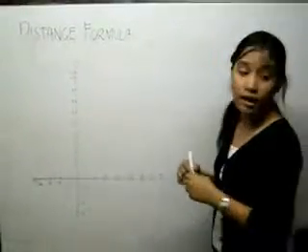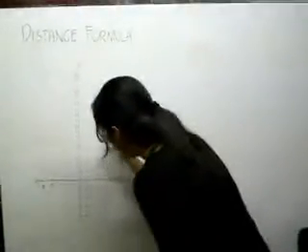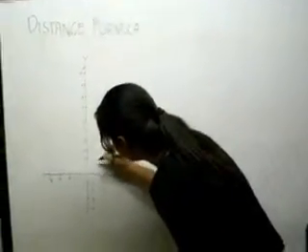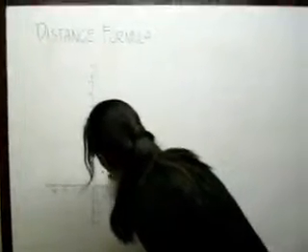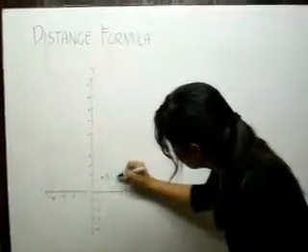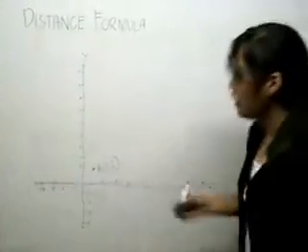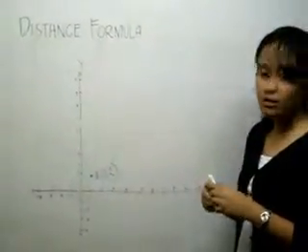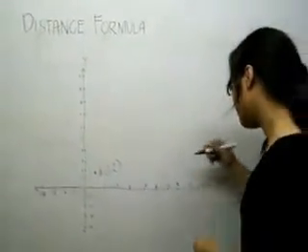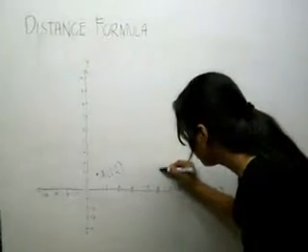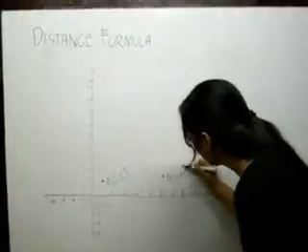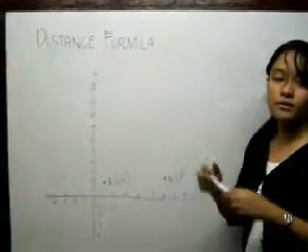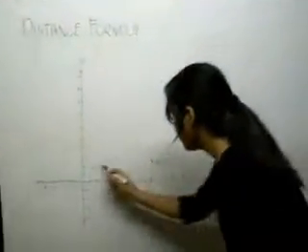Notice that point A, which has the coordinates 1 and 2, and point B, which has the coordinates 6 and 2, lie on a horizontal line.